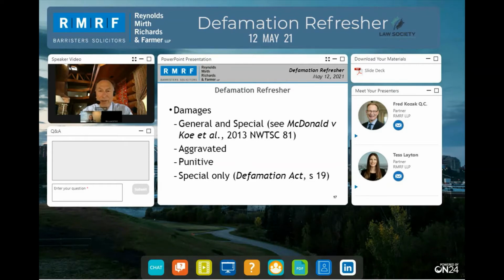The questions you ask during the discovery process can have an impact on the damages awarded. So it's something that you have to think about right from the beginning, whether you feel confident that you're going to establish truth, because if you plead justification or truth and fail to establish it, that can be used to increase the measure of damages, because courts have said pleading justification is essentially repeating the defamatory statement in your pleadings and in the lawsuit itself.